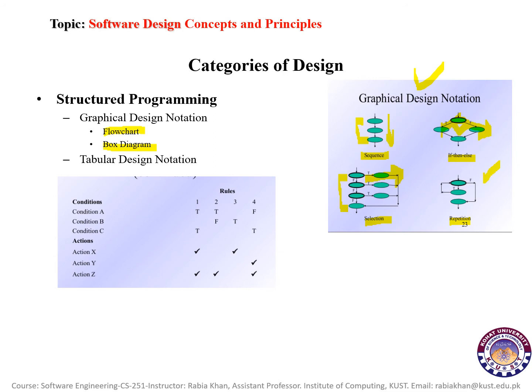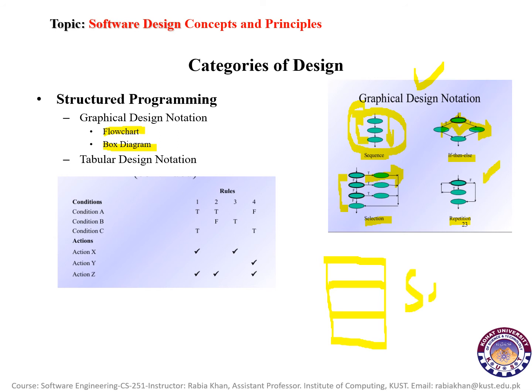For example, if you are to draw the sequence of instructions, similarly this is the sequence. Here you can see in boxes we have represented, but when you are to form it in the shape of a box diagram, this is how you can draw the sequence: a big box and then small boxes one after another connected to one another.